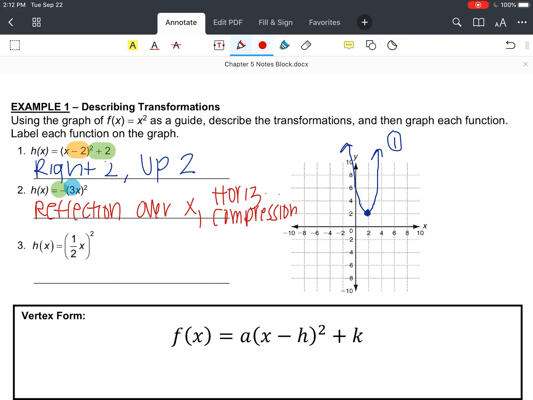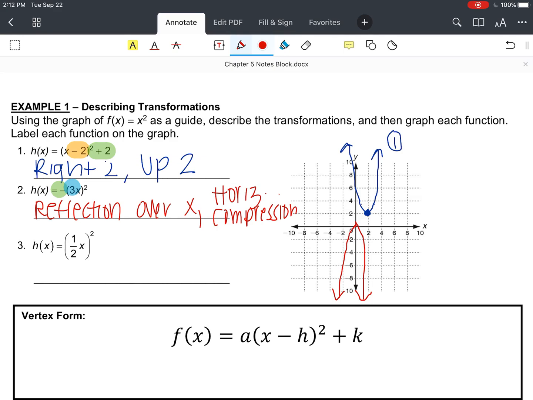So for a horizontal compression, it's going to be skinnier than my original. So I'm not changing where I start. I'm still at 0, 0 for my vertex, but now it's going to be even skinnier than normal, and it's facing down because we reflected over the x-axis. You can also put this in your graphing calculator and see what it looks like. That's a great way to check your answer or to figure it out.